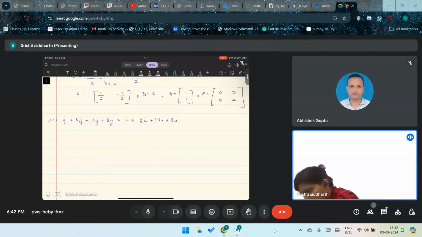So you can observe that there is the third order derivative of u, and we have a third order system. So b0 is going to be 1, and we'll see that it's a proper transfer function, not strictly proper. So let's just take the Laplace transform.